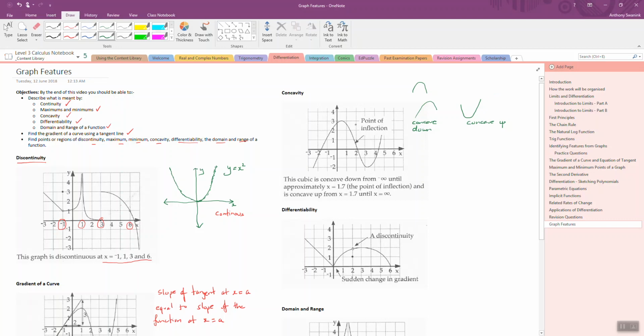Now, they've labeled here this thing called a point of inflection. So what is a point of inflection? A point of inflection is where the concavity changes. So at this point here, it changes from concave down to concave up. So a point of inflection is where the concavity changes. Okay, it's an important idea. Make sure you make a note of that.